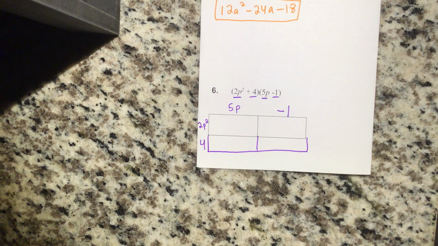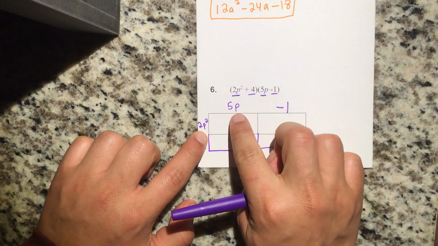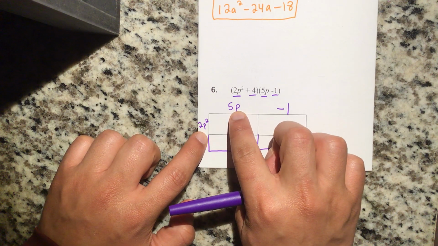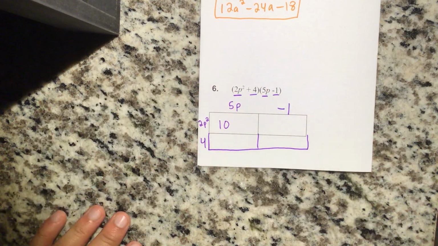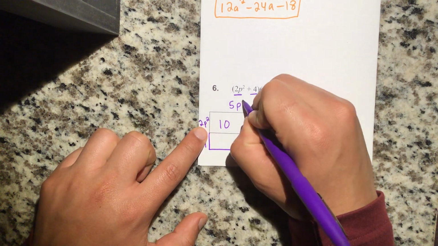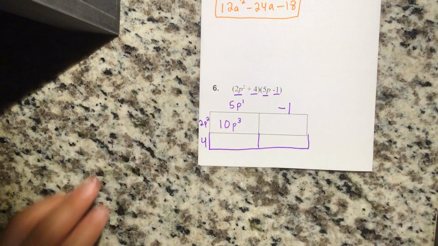Then we just multiply, just like we've been doing, okay? So we'll start with this box. So I have 2p squared times 5p. Okay, so we go with the coefficients. 5 times 2, that gives me 10. Okay, then we go to the variables, p squared and p. And there's an imaginary 1. Add those up. P to the 3rd power.